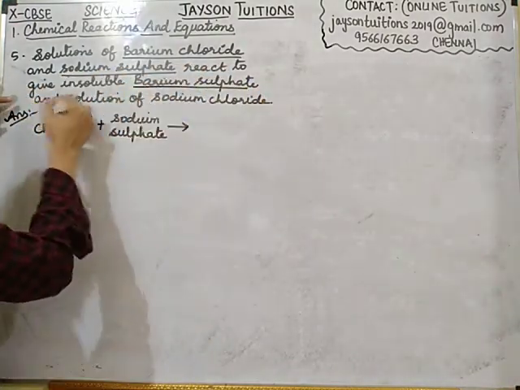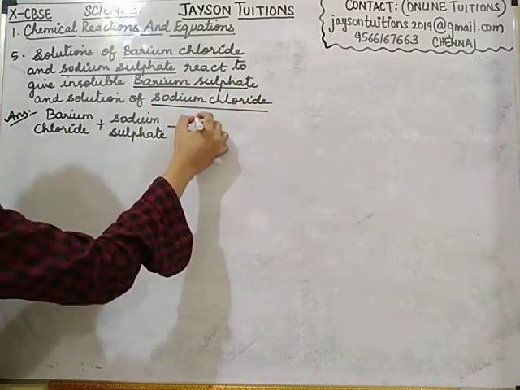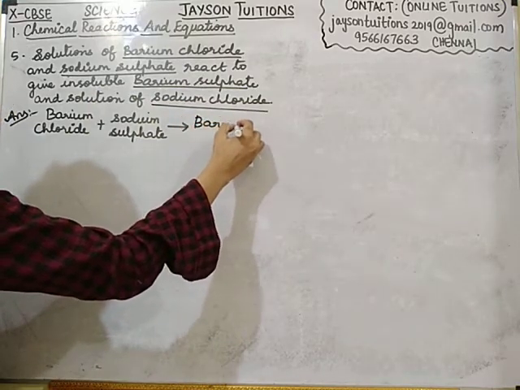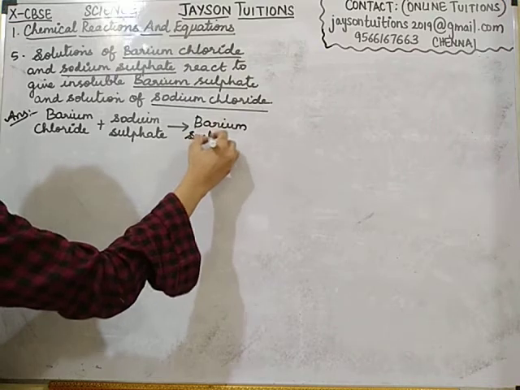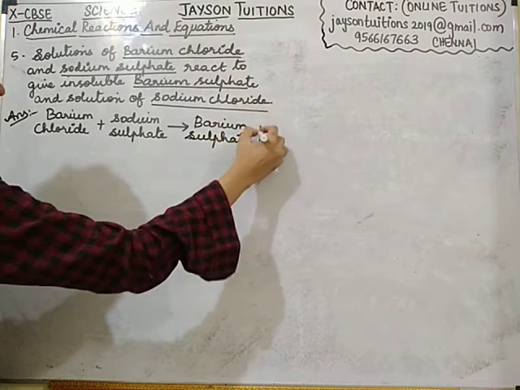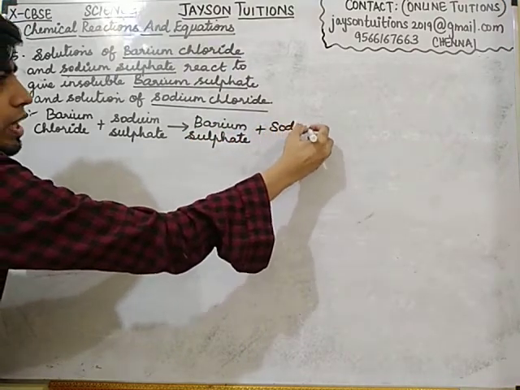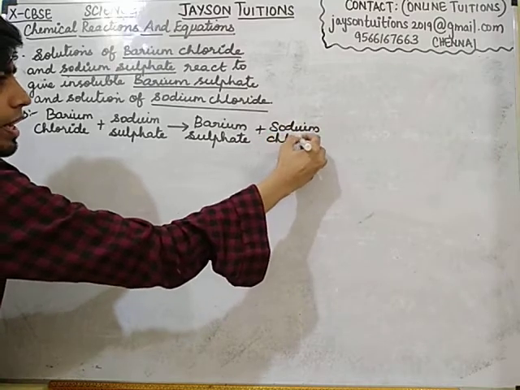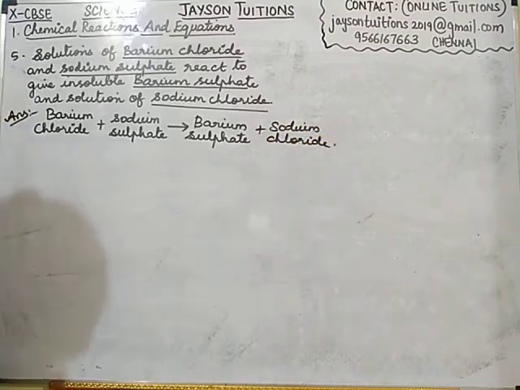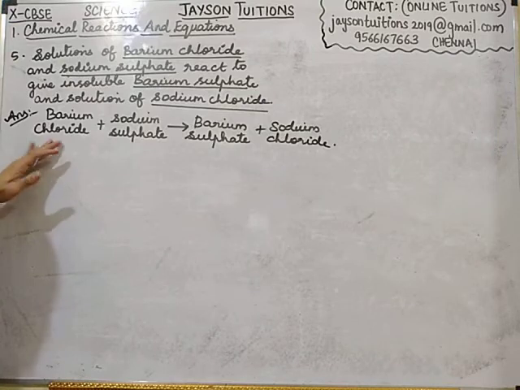Barium sulfate and sodium chloride. So we are getting barium sulfate and sodium chloride. Okay, so we have to balance this equation.